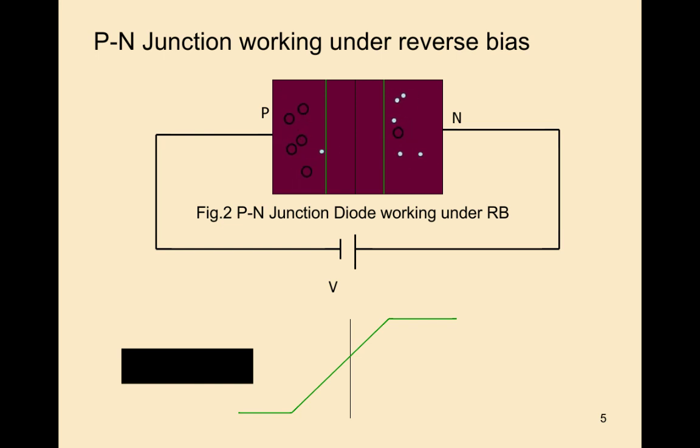So there is no movement of charge carriers in the diode. That means p-type holes do not move towards the electrons of the n side. Why? Because the depletion region width increases. Even by changing the power supply, there is no movement from p to n side.